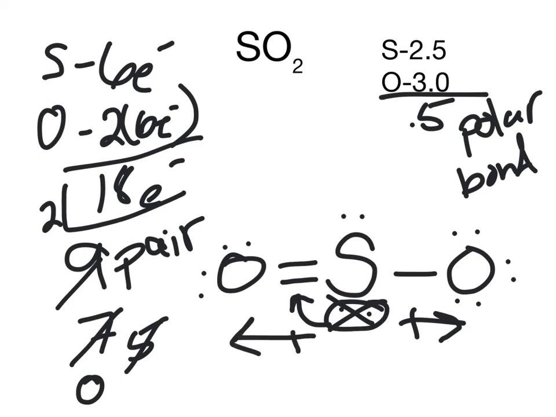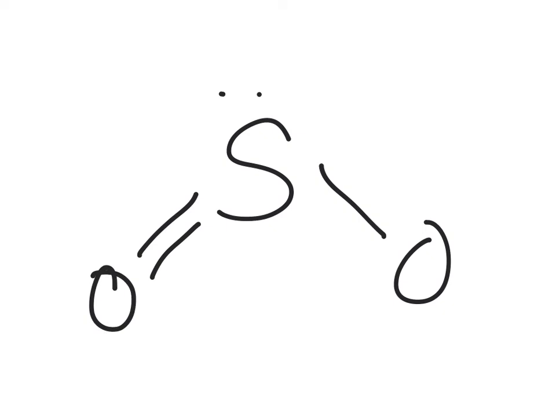Now remember, this molecule, I'm going to draw it on the next page just so you can see what it looks like. When I draw this with the electrons up there, it looks much more bent. Those electrons are going to push the oxygens down. So when I draw my dipoles, remember they're coming towards the oxygen.